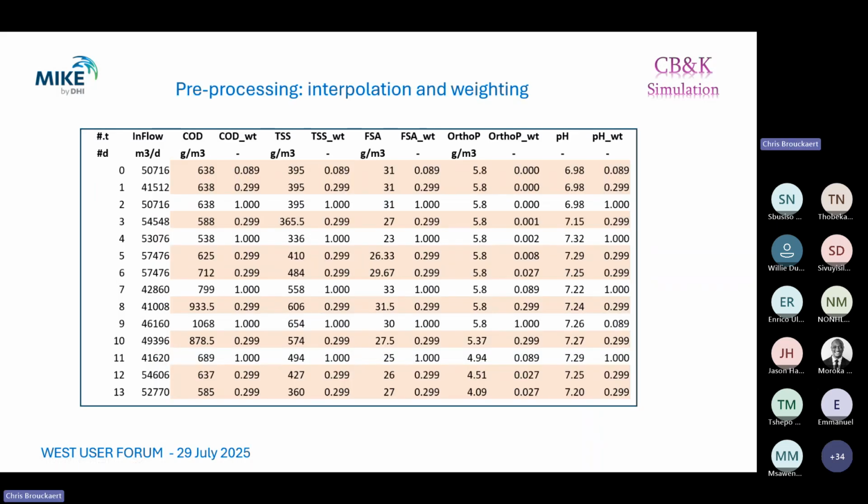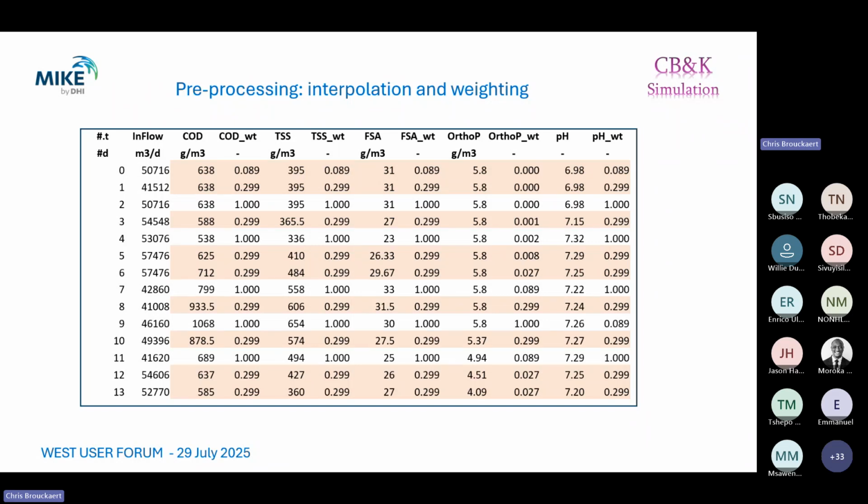As I mentioned, the first thing that we have to do is get rid of the gaps, and we do that by interpolation. But what then happens is that you can get actual measurements at a particular time being combined with interpolated measurements.